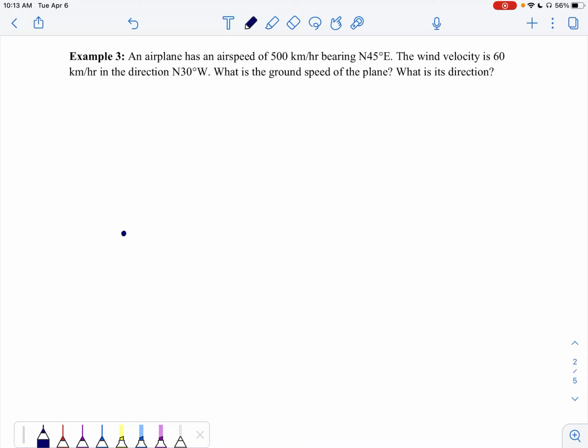What that basically means is if this is our east right here, north 45 degrees east means basically halfway between our north and our east. So this would be a 45-degree angle right here.